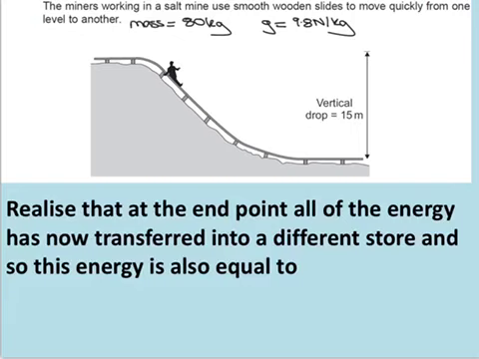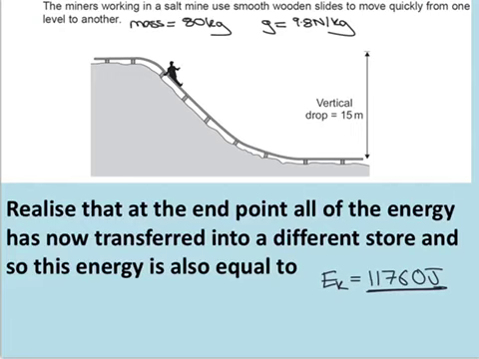So we can deduce that the kinetic energy at the end, when they're at the bottom of the slide, is equal to 11,760 joules, which is exactly what the energy was as gravitational potential energy at the start.